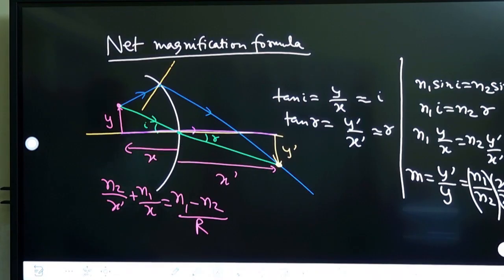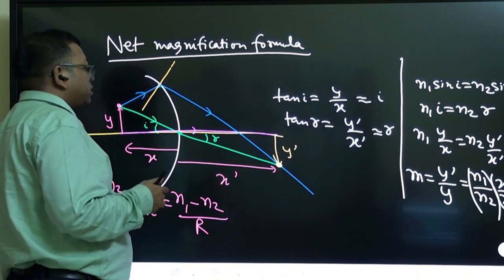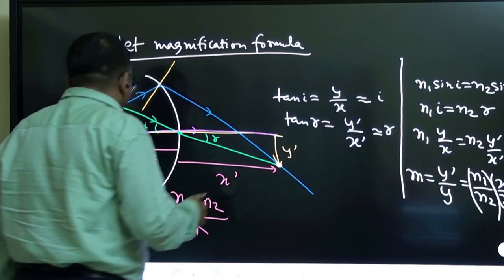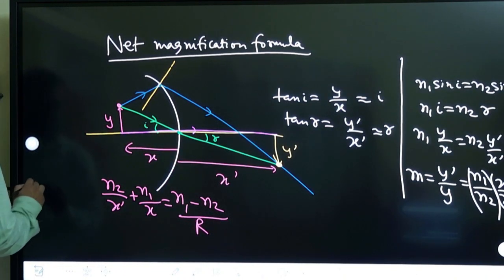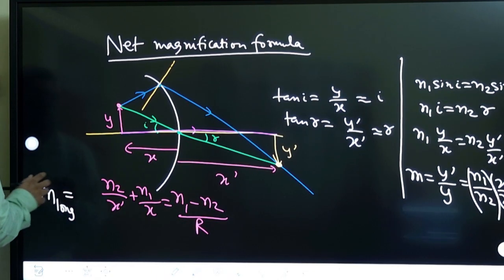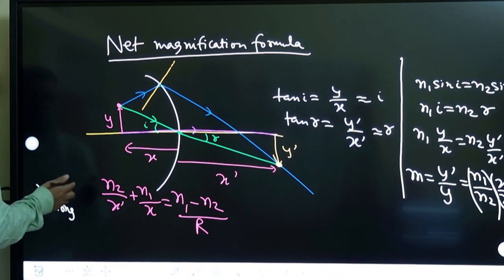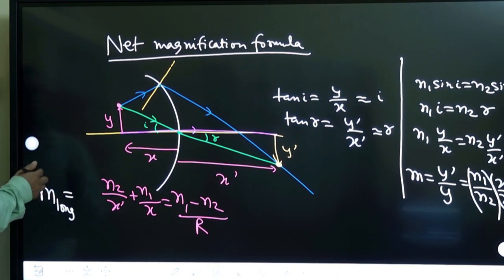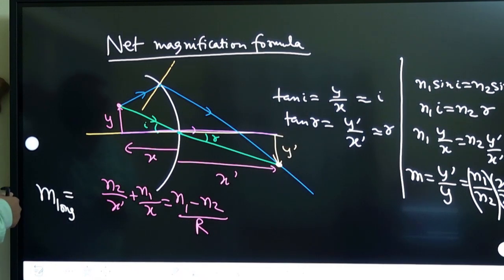So what is lateral and what is longitudinal? What we know as m is longitudinal, we know as longitudinal this way, that we do not know. Y dash by y, that we know as lateral. Lateral we only know as y dash by y. But what is this magnification x dash by x?